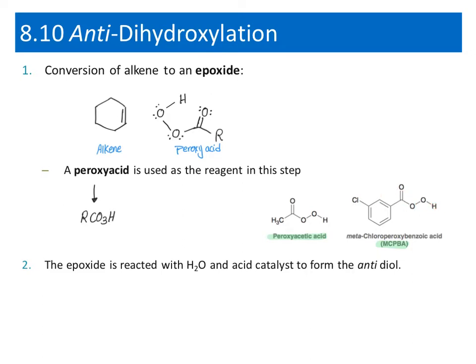Now let's look at the mechanism for this first step of this reaction. In this mechanism, we are going to insert this oxygen in the peroxy acid between the carbons in the alkene. If we follow electron pushing, the whole process is a concerted process, and so many electrons are moving at the same time.